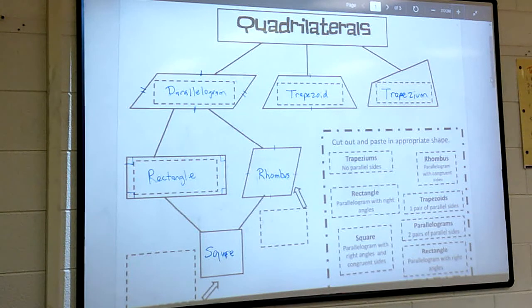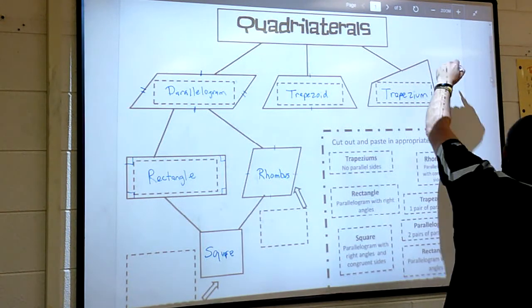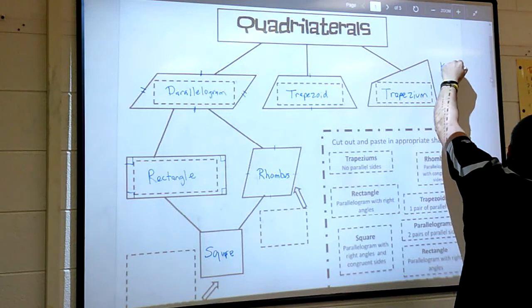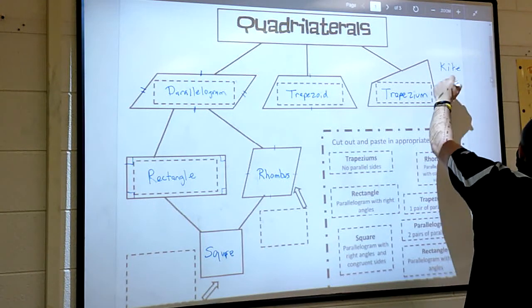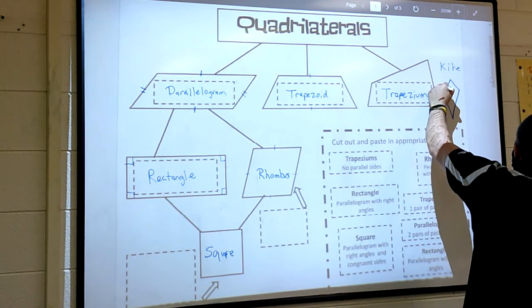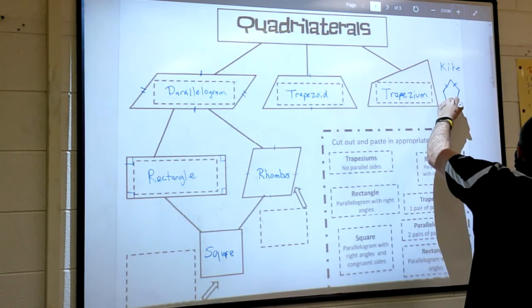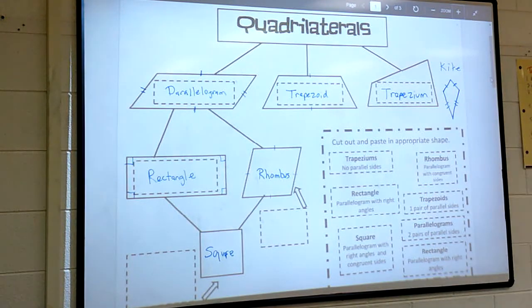So those are the different types we're going to see. You are also going to see something called a kite. I want you to put this on your paper somewhere. You should probably have seen that before. It looks like this diamond shape. It basically looks like a kite. These two sides are the same, and these two sides are the same in a kite. So you may see that as well on your questions.